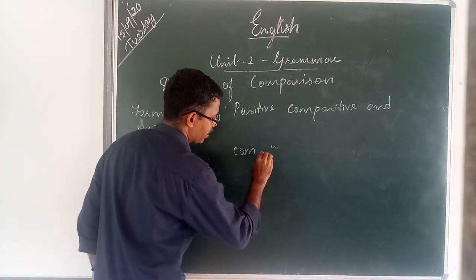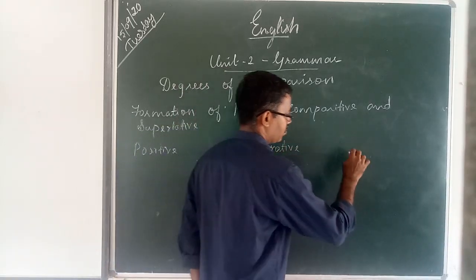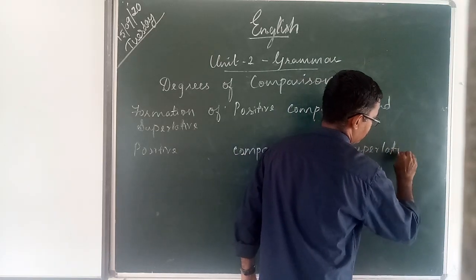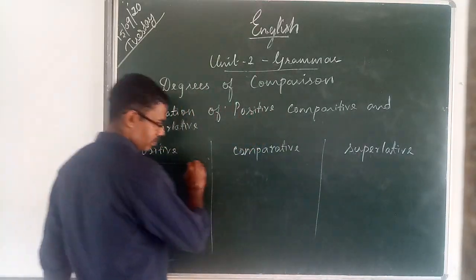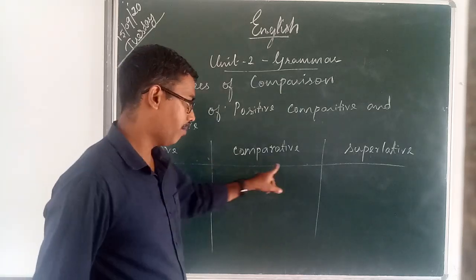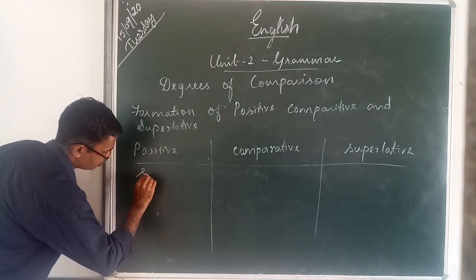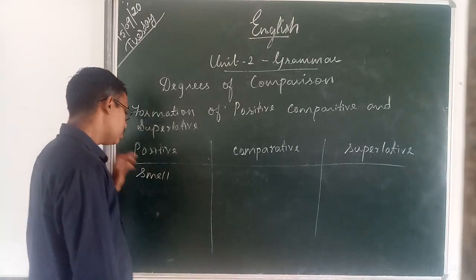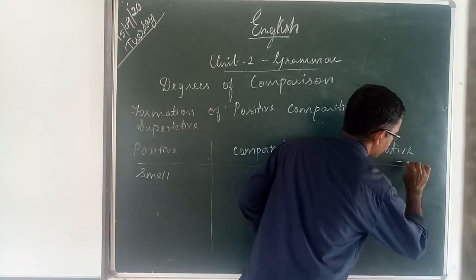Second one, comparative. Third one, superlative. First one, positive, comparative and superlative. When you take a word small, what is the comparative?